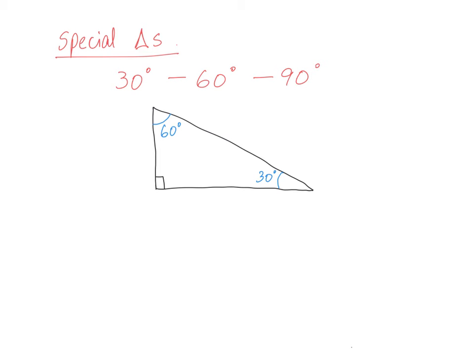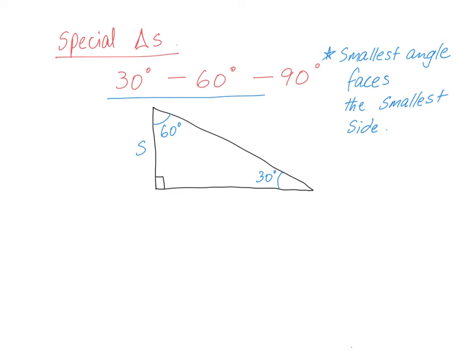So what I mean by that is the smallest angle faces the smallest side. And the converse would be the largest angle faces the largest side. Okay? So the smallest side would be here. So let's call this S. Okay?